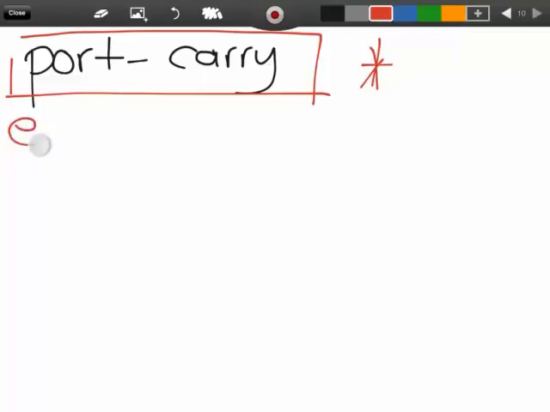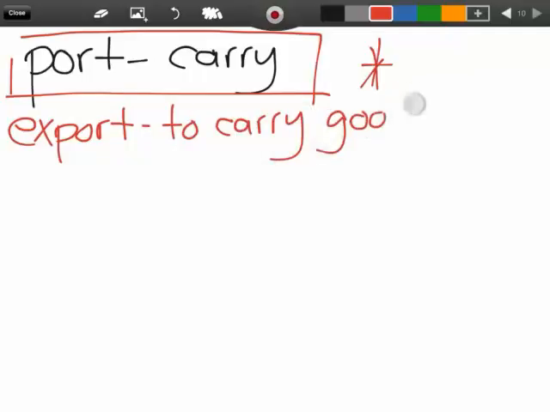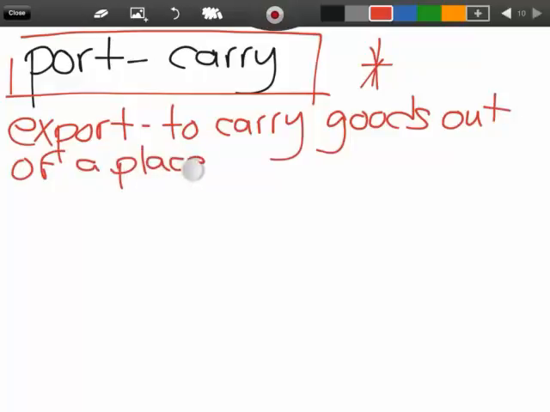One of them is export, meaning to carry goods out of a place to another.